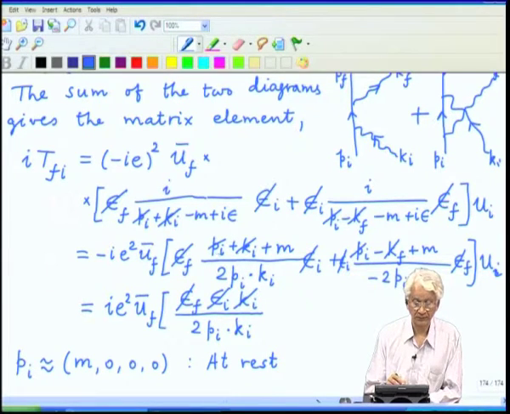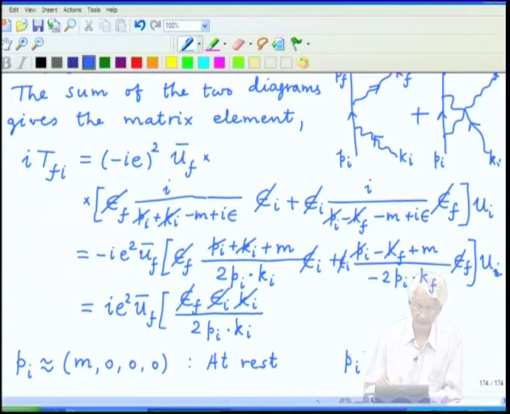So, it will be now minus p slash plus m, and that whole object will act on the u_i. So, we have also this relation that p_i slash minus m acting on u_i is equal to 0.